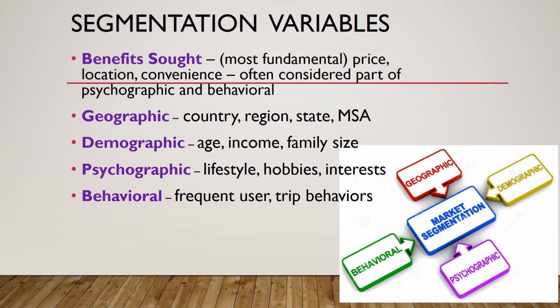Often these are considered to be part of the psychographic and behavioral dimensions. So we include that with geography: country, region, state, metropolitan statistical area. All of these are different factors that you can use to create a segment.